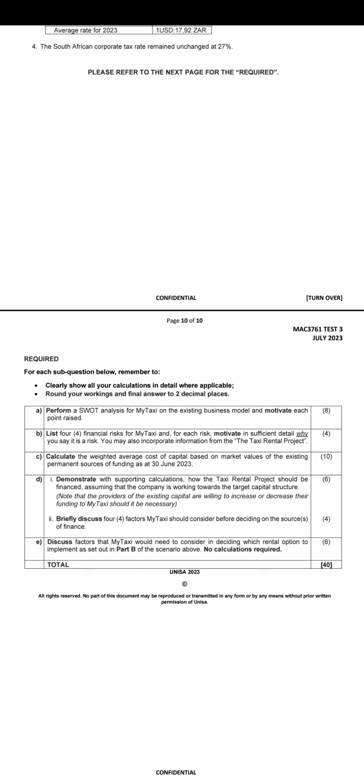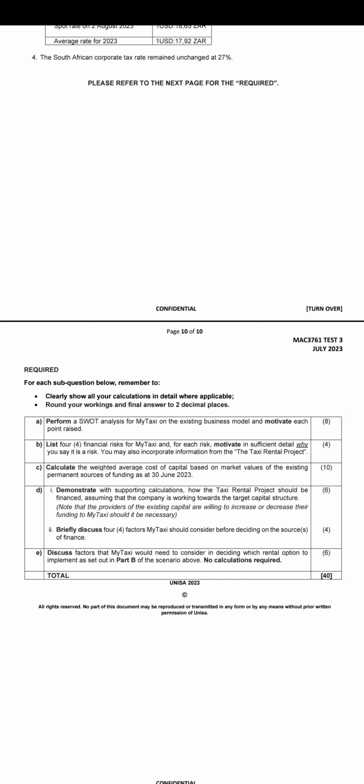The government decides, well, we're going to not privatize it, but we're going to create our own taxi service, that kind of thing. What then happens, should that materialize? So that's along the lines of what you need to think of when you are doing your SWOT analysis and when you're looking at your threats.